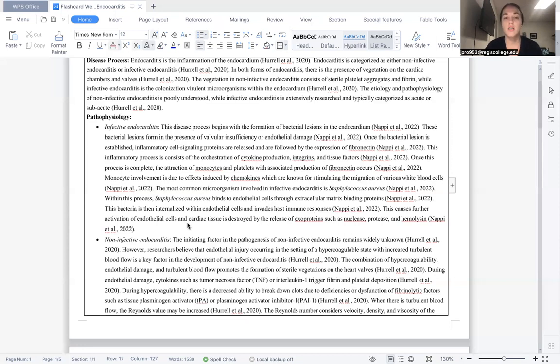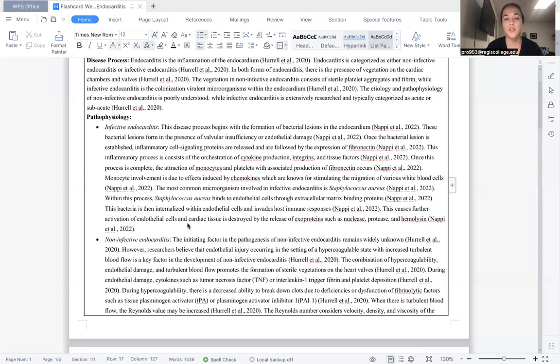With Staphylococcus aureus, we will see that it binds to endothelial cells, and that's done through an extracellular matrix binding protein activation. That bacteria is then internalized within the endothelial cells and evades the host immune responses. So Staphylococcus aureus is essentially burying itself further into the host's endothelial cells.